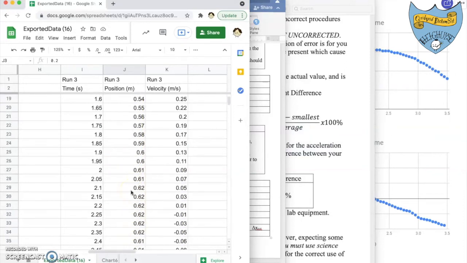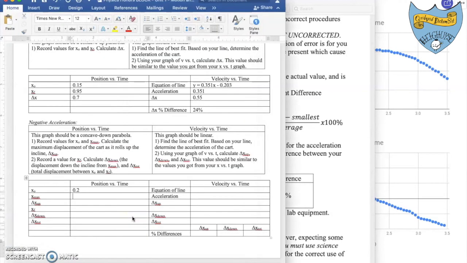And it looks like 0.62 is X max, because that's as high as it goes. All right, that means that delta X up is going to be 0.42. In case you don't see it, that's the difference between these two values. 0.2 and 0.62, it must have gone up 0.42 from the bottom.